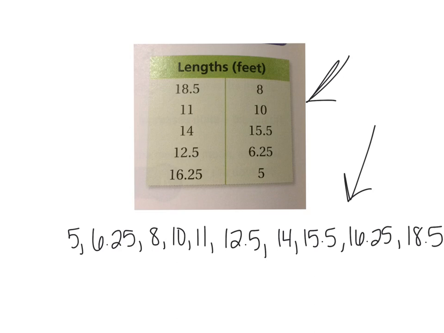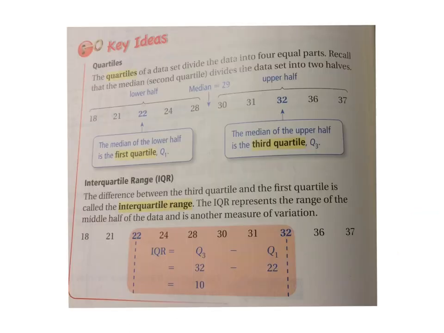I could then easily see that my least value was 5 and my greatest value was 18.5 feet. To find the range, I took 18.5 minus 5, and I got 13.5 feet. So the range in these lengths of pythons is 13.5 feet. So range is very easy and straightforward to calculate.